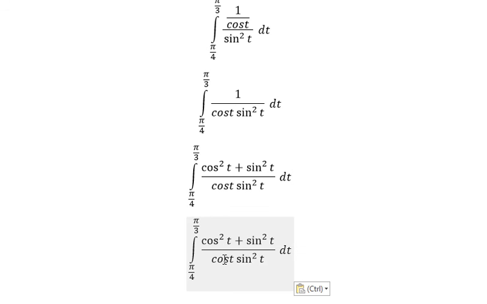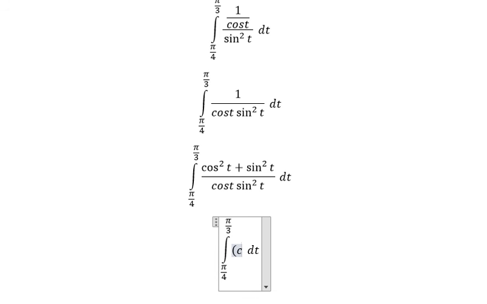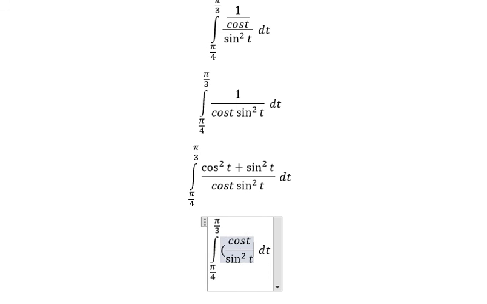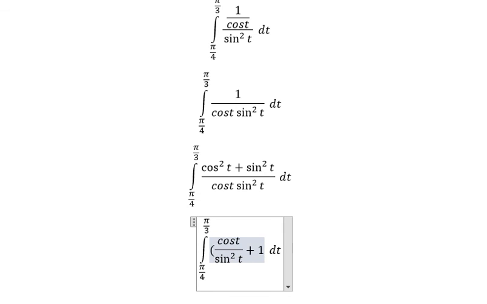Cosine t squared divide cosine t, sine t squared divide sine t squared, and we got cosine t over sine t squared plus 1 over cosine t.